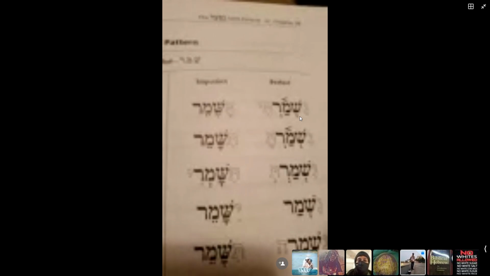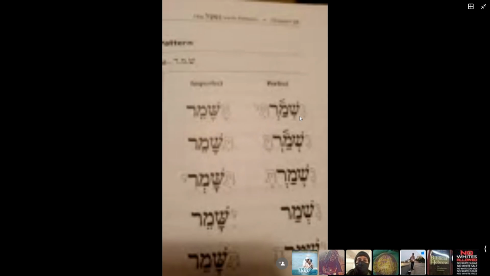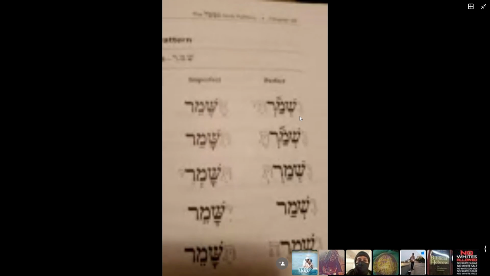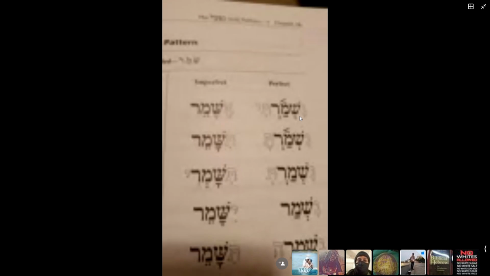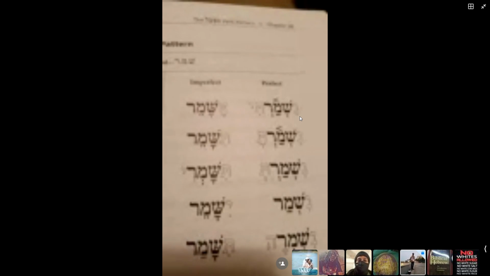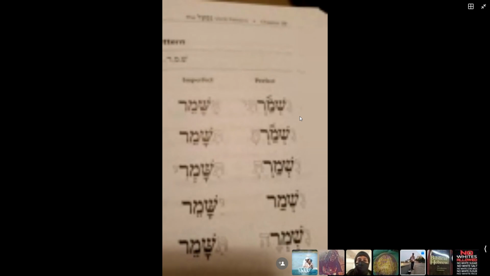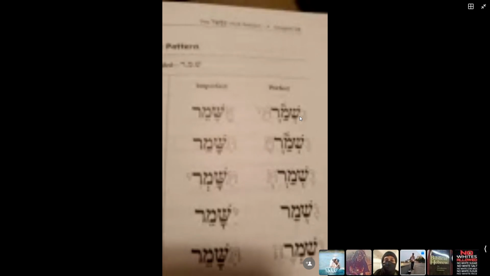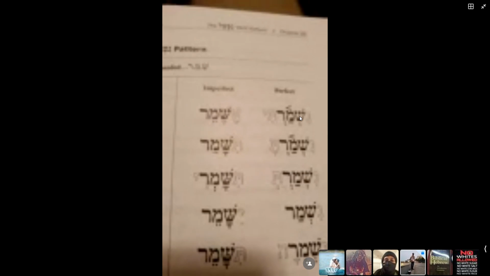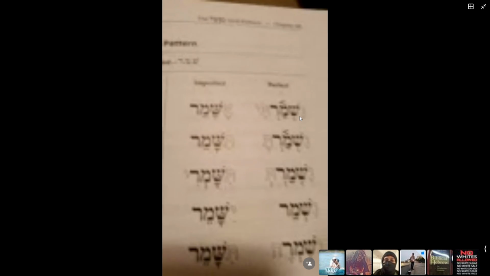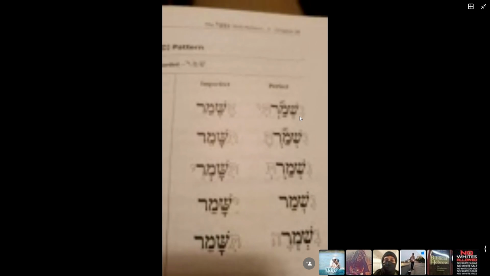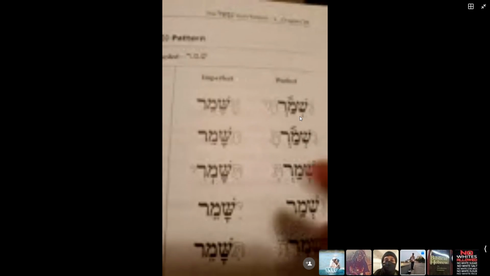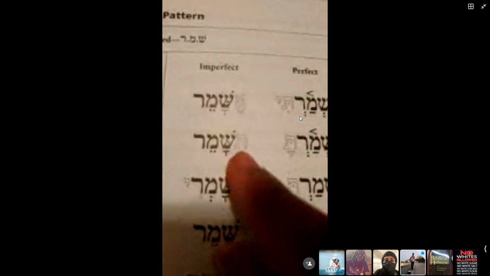If you go back and look at the other binyanim, they generally have two syllables in their future tense. Some of them might have three, but for the nifal, it is always three.